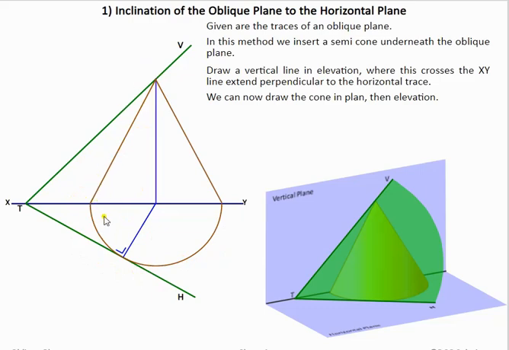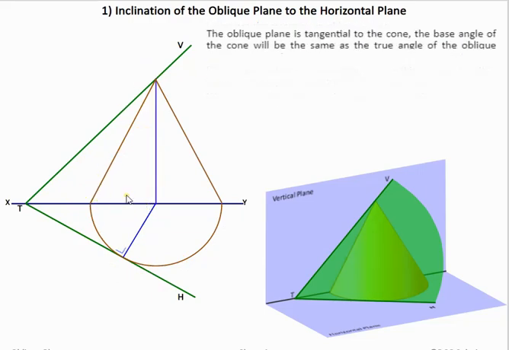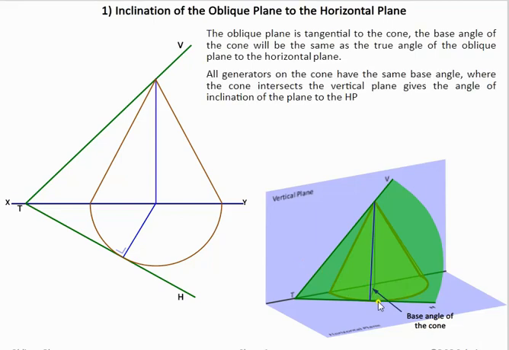Now this side of the cone is our true angle which the oblique plane makes with the ground. So we have the true angle inside here in the 3D graphic, and if we were to push this around here, it's the same angle here. So this angle here is the true angle in which this oblique plane is making with the ground.